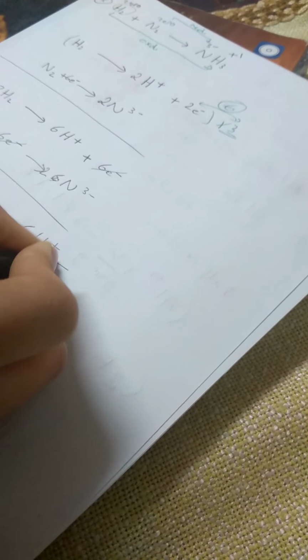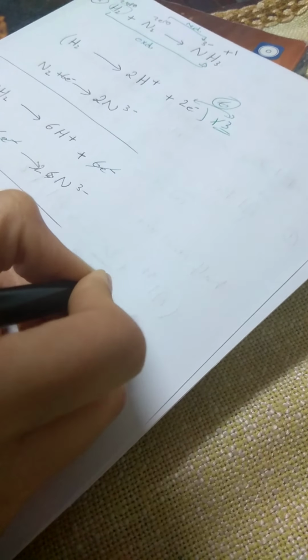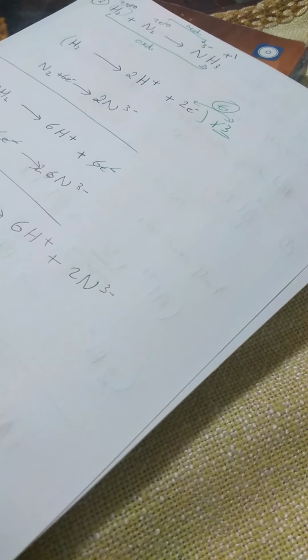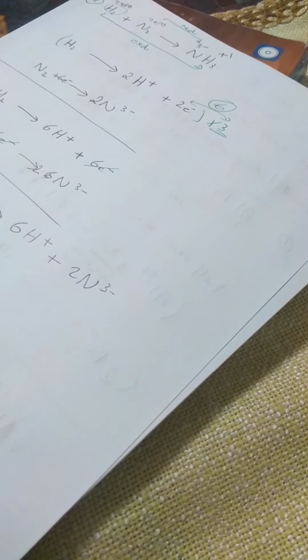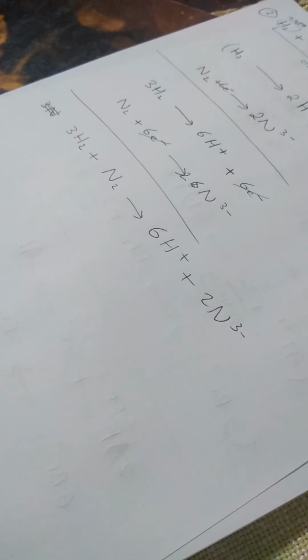Why did I write here 6? It's 2. So 3H2 plus N2 gives 6H plus and 2 N -3. This is the overall reaction.